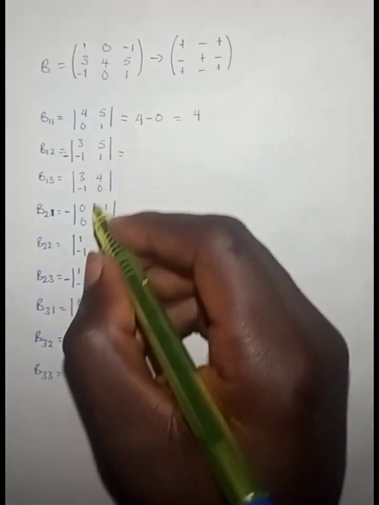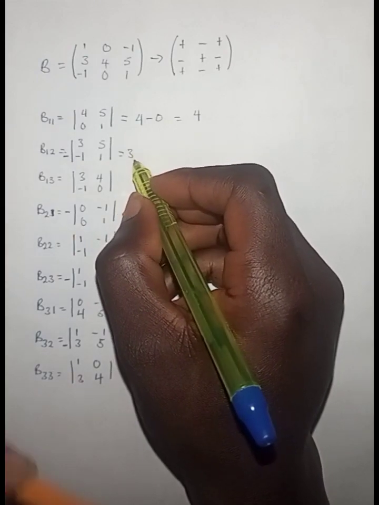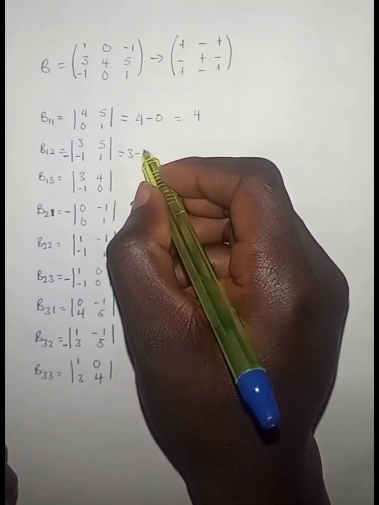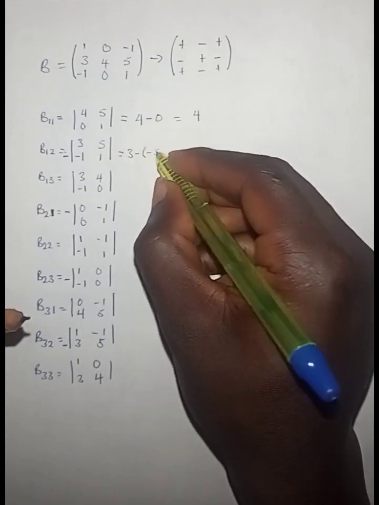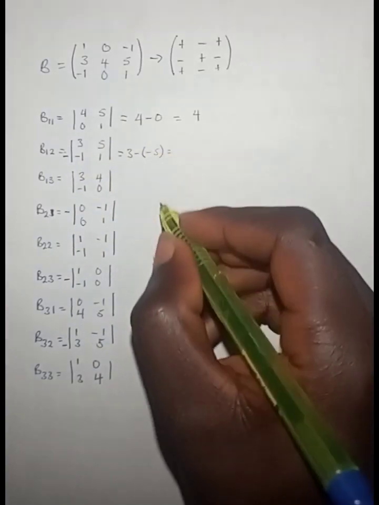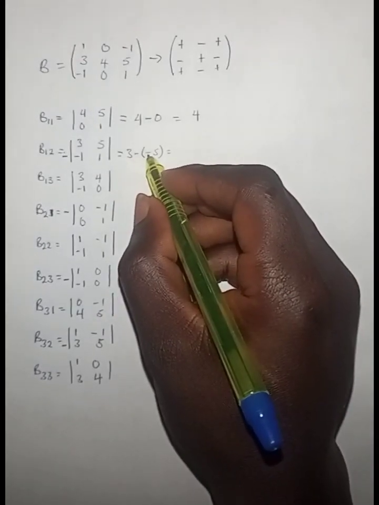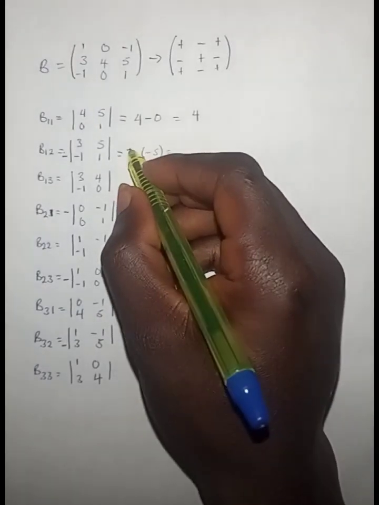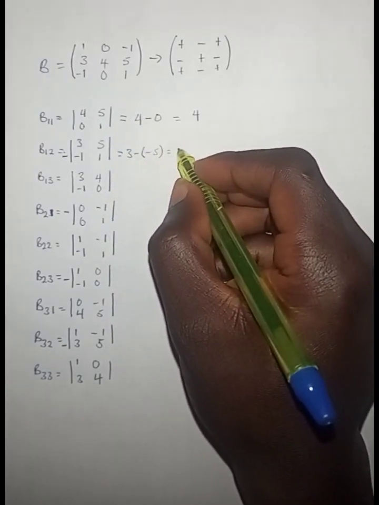For B12, 3 times 1 is 3, minus 5 times minus 1 is minus 5, minus times minus is plus.